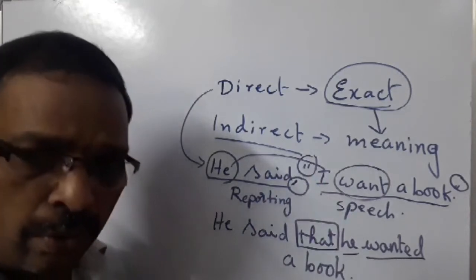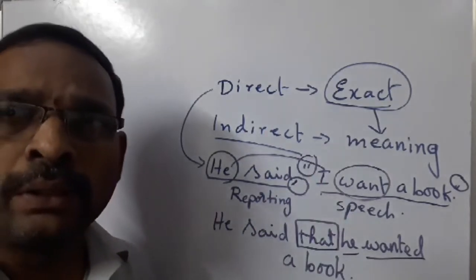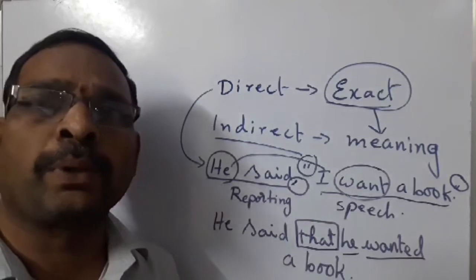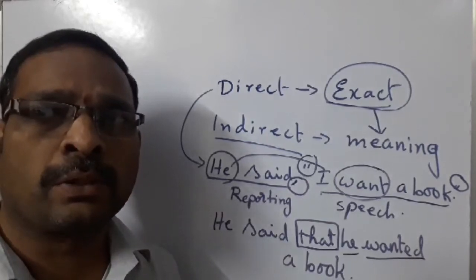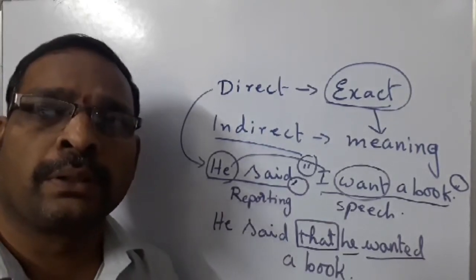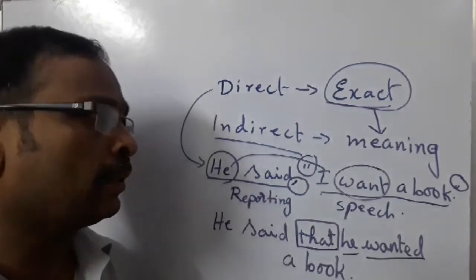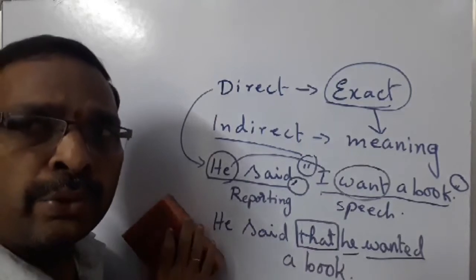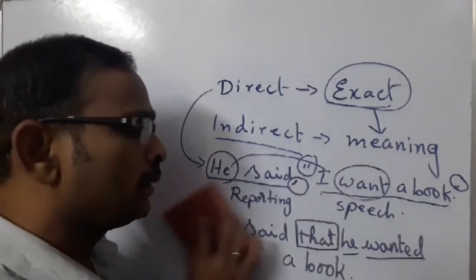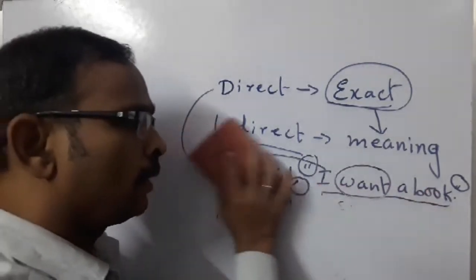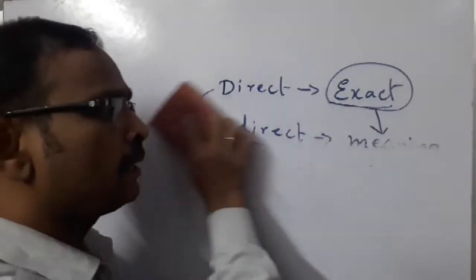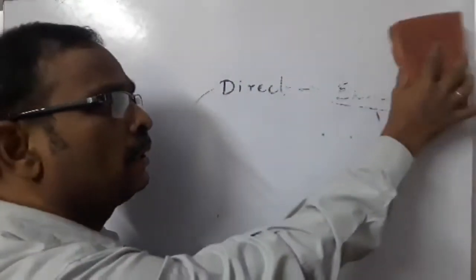Here what we have to observe is that we report after something has happened. So based on this point, we should write the past form of the tense used in the direct speech. If the past form is already there, then we need not change.